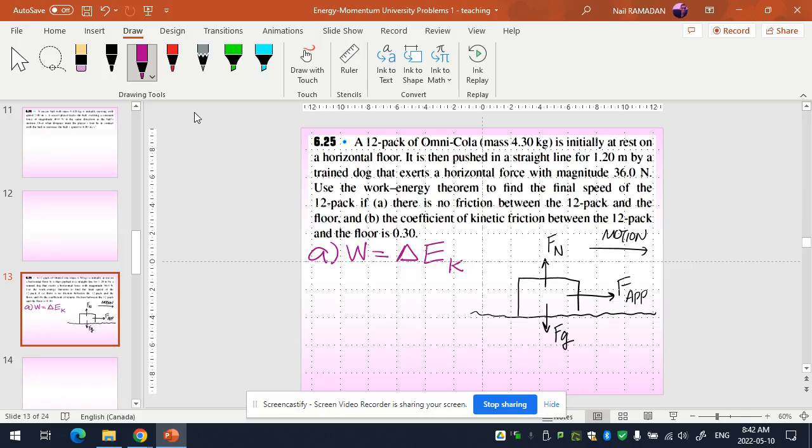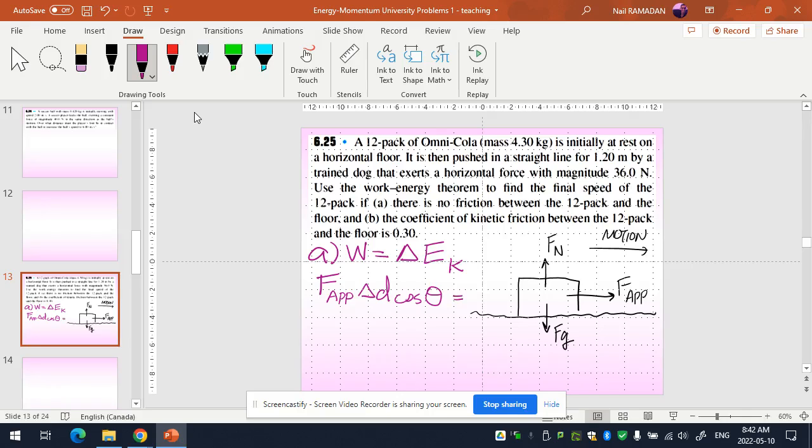What's the equation for work? I know that this is an equation for work, but what could we replace this W with, since we know force and distance? Force times distance times cosine of theta. What's the cosine of theta here? Theta is 0, so cosine theta is +1. So we can replace this W with F applied delta D cosine theta, which equals delta EK.